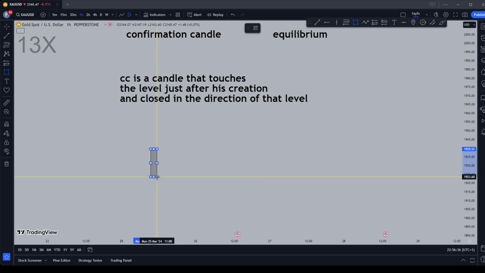Imagine we have a V level. We can say that we have a V level, bullish candle.